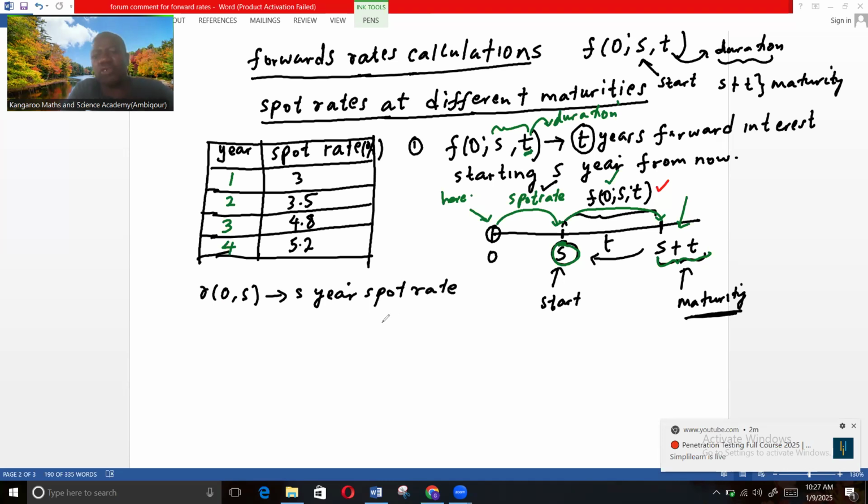Then what do we actually need here? It means now with this we can say from 0 up until S, if we take the S spot rate compounding.